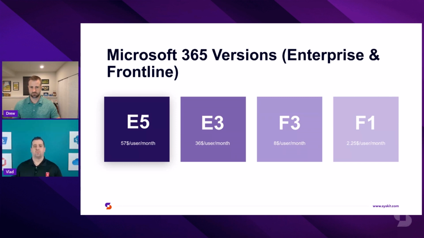All the people that work on the floor in your retail store, or you might have traveling salespeople that only work on their phone, work from tablets. They have a type of license for them. They're called the field worker license. So here I have the F3 license, which is $8 per user per month. And then I have the F1 license, which is $2.25 per user per month.